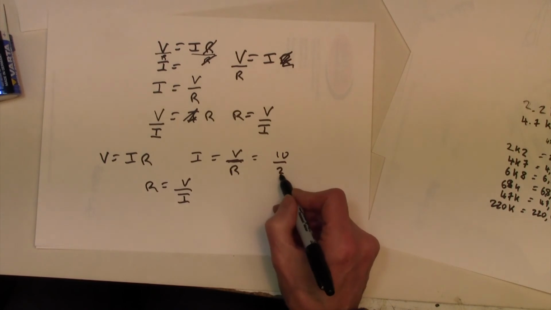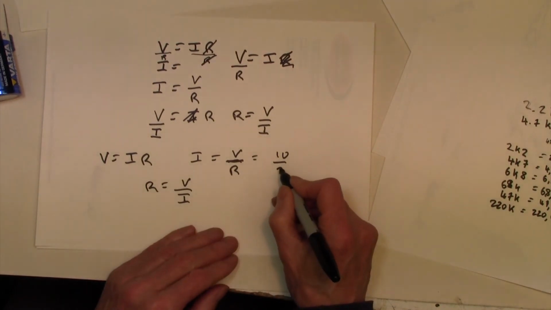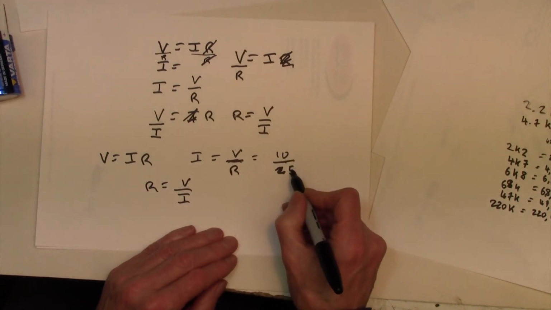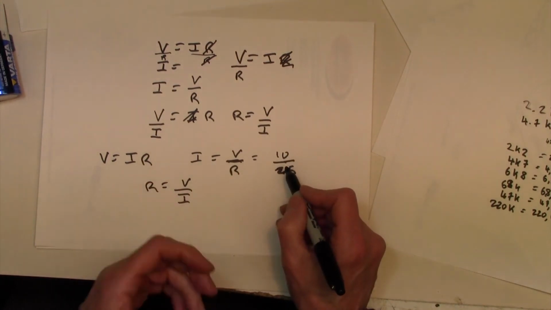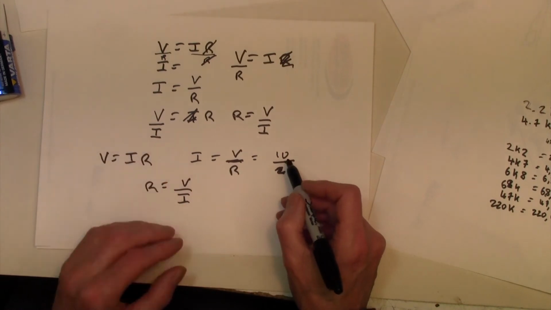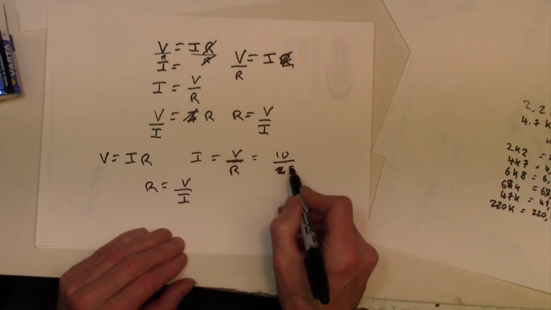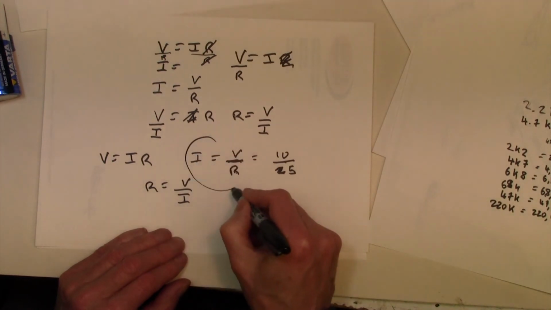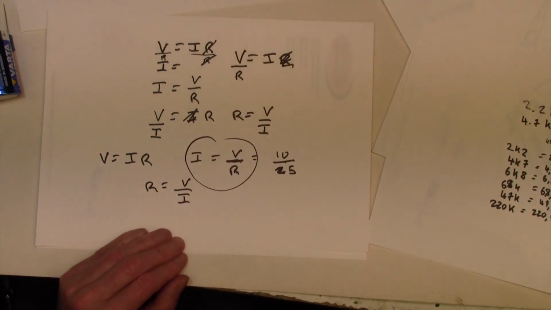I'm going to increase the resistance. I'm going to make it 5 ohms. Well, I've increased the resistance, the current goes down. Remember our water pipe, the current went down. 10 upon 5 is now 2. So increasing the resistance decreases the current.